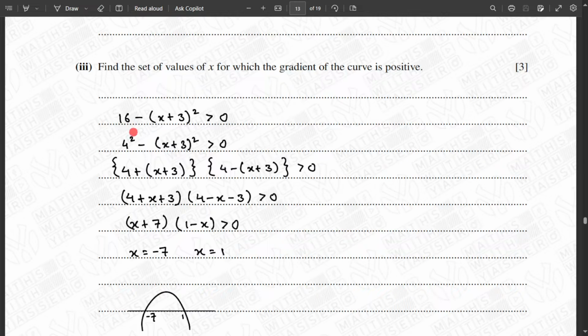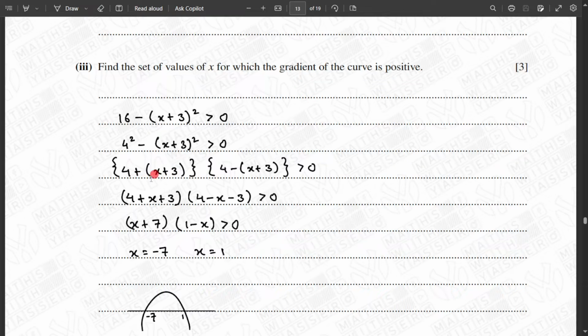So we can write this equation as 4 squared minus (x plus 3) whole square greater than 0. And you might notice that this has taken a form of a squared minus b squared. And we know that a squared minus b squared is (a plus b)(a minus b).